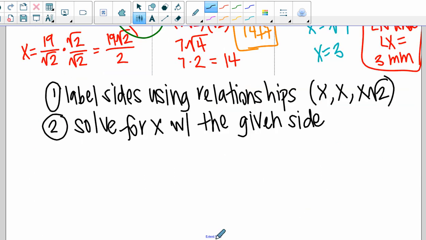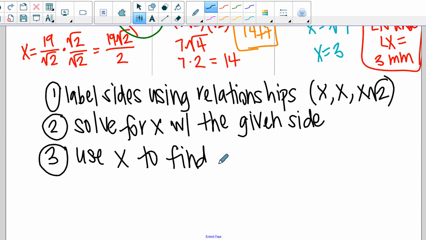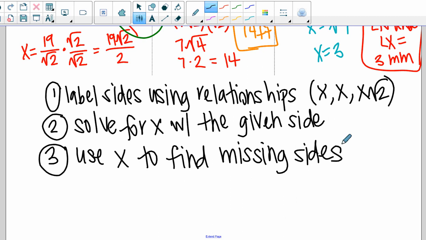And then I use that x to find the missing sides. So sometimes step 2 is easy because the side you're given is x, but sometimes in step 2 you need to do some work before you can do step 3.